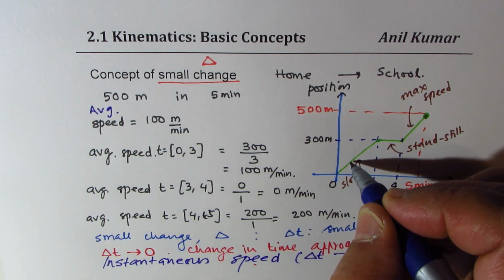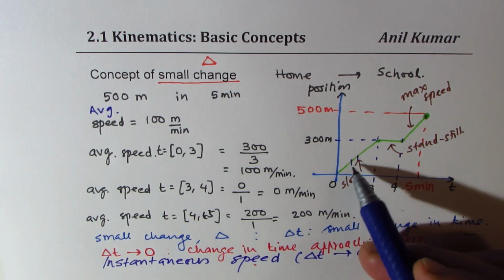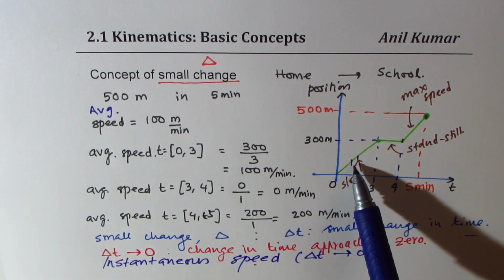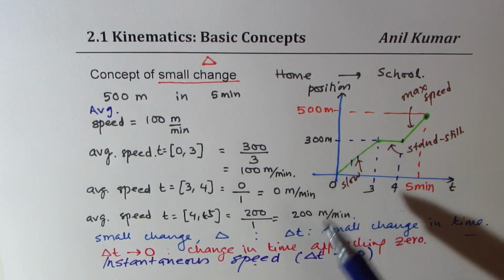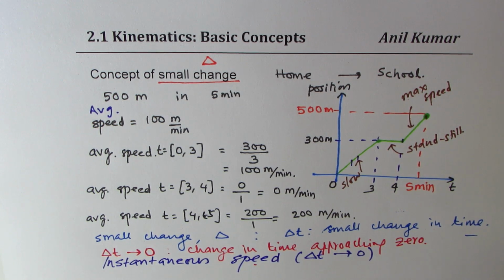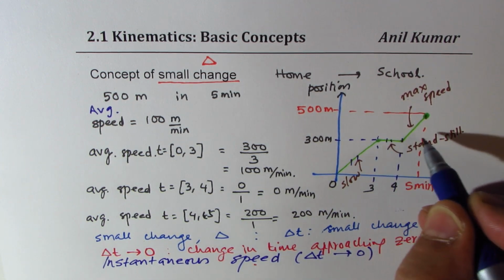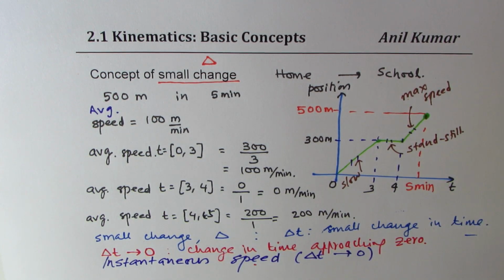So that is to say, when we are considering a small bit of time, in that case, the speed will be at that instant, and that will be referred to as instantaneous speed, speed at that instant. For a straight line, average and instantaneous speed are going to be the same, right? So in this case, for smaller portions during any interval in a straight line, average and instantaneous speed will be the same. However, we'll take up cases which are not linear. In those cases, average and instantaneous speed are going to be different.